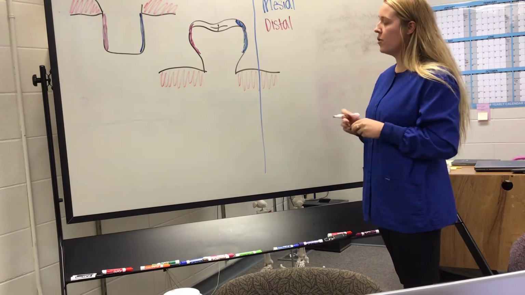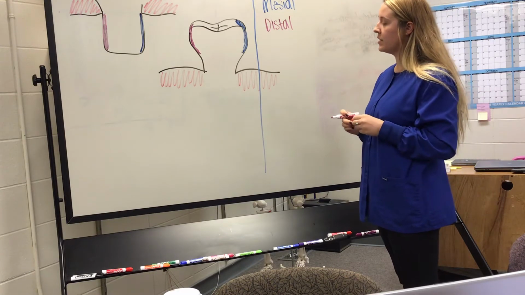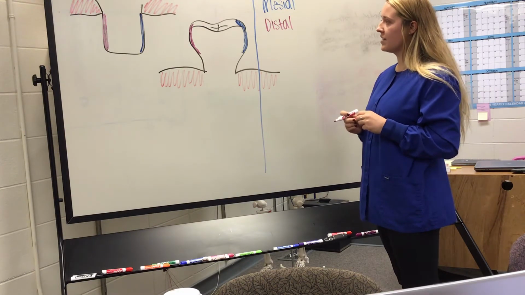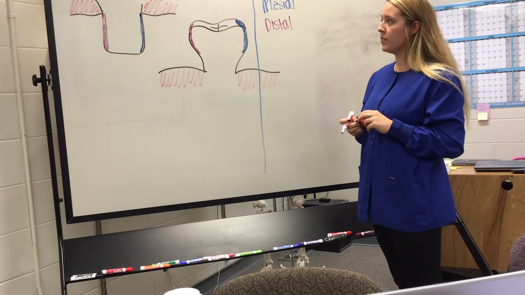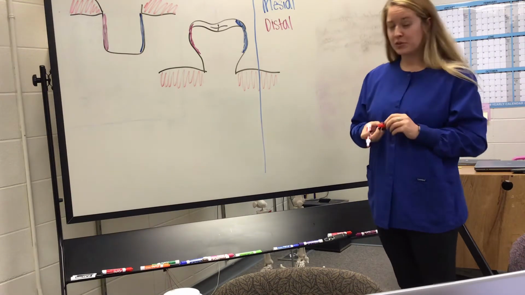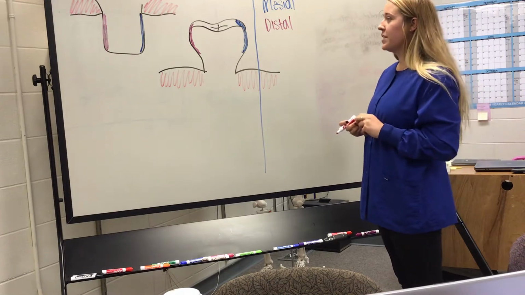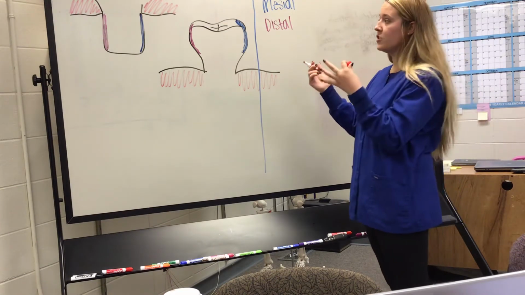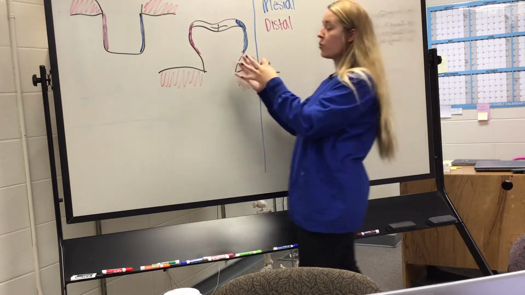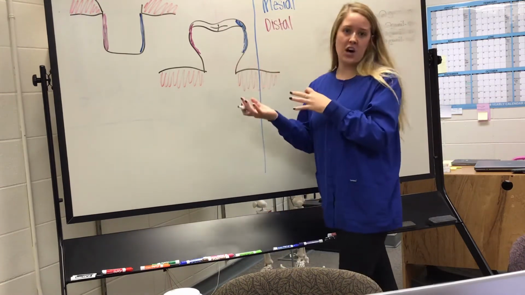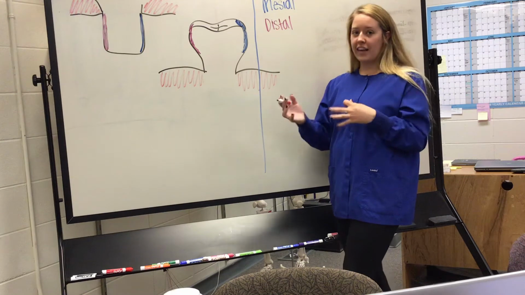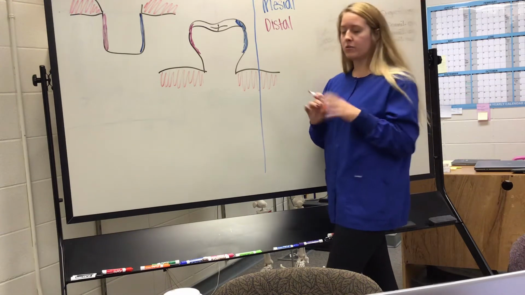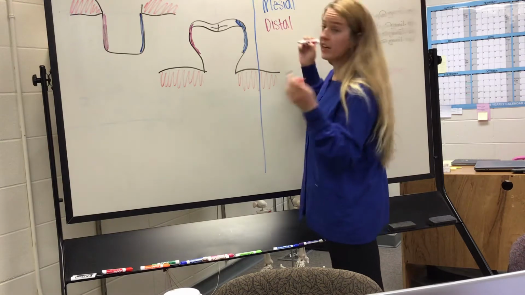All right, so the next one that both of them share would be our lingual surface. This one is a little harder to draw because you could look at the tooth either towards the cheek or towards the tongue, and that really is our indicator of if it's lingual or buccal, and we'll talk about buccal in a minute, or facial.